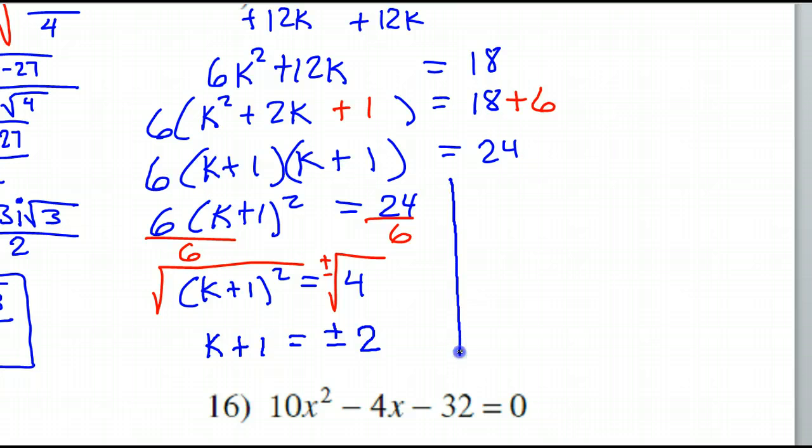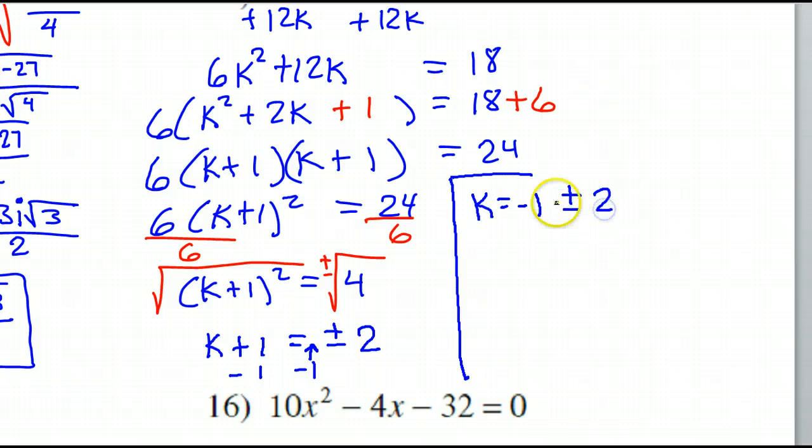I don't think I'm going to need a lot more space. It's time to subtract 1 from both sides, carefully putting it in the front. So that's going to give me k = -1 plus or minus 2. You may not leave it like this. These are regular numbers, no radical, there's no i, there's nothing to stop us from adding these together.